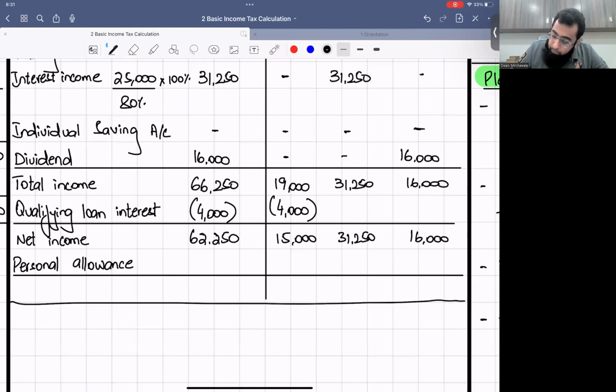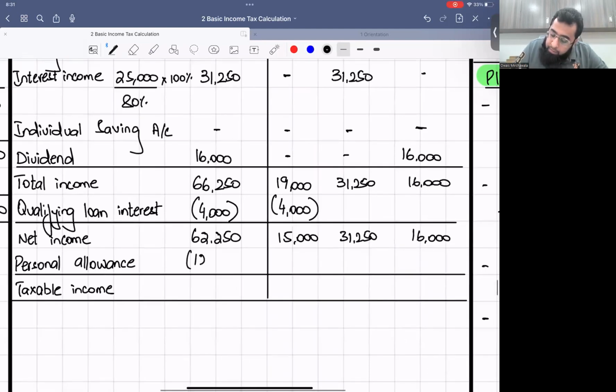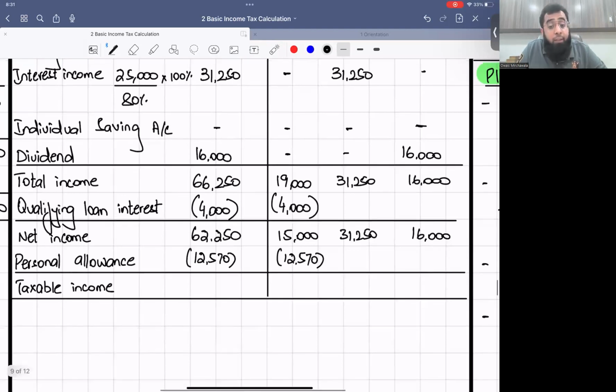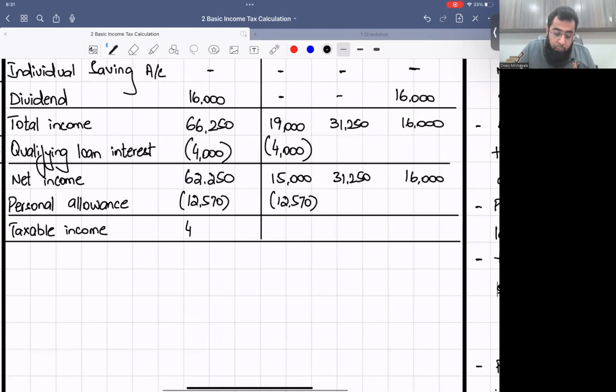Okay? So the personal allowance is 12,570. We'll adjust it here in the column of total and in non-saving, because non-saving has the highest tax rates. So 62,250 minus 12,570. So it's 49,680.